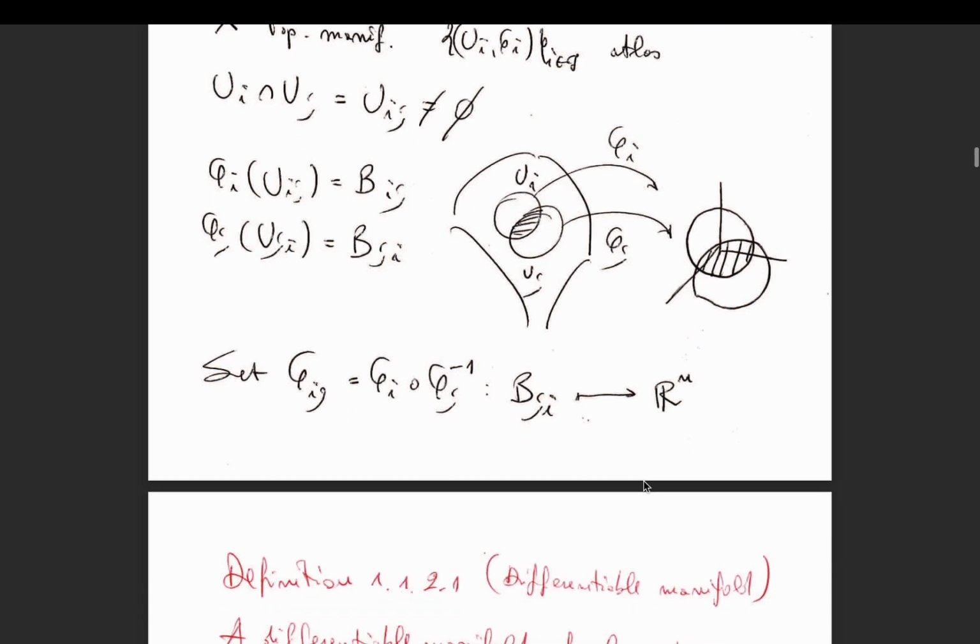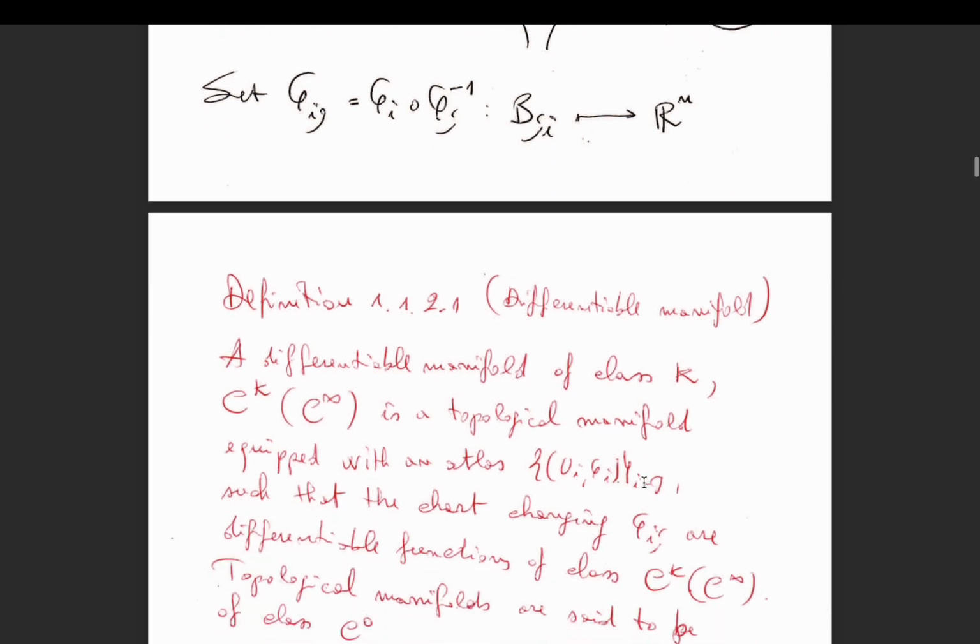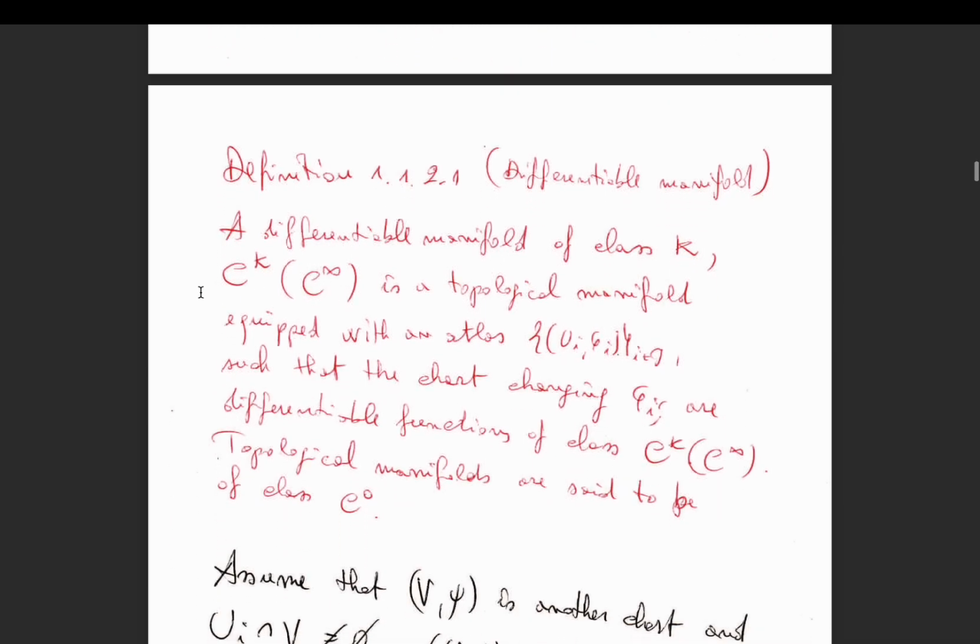So a differentiable manifold of class C^k is a topological manifold where the chart-changing maps phi_ij are C^k functions, that is, differentiable functions of class k.